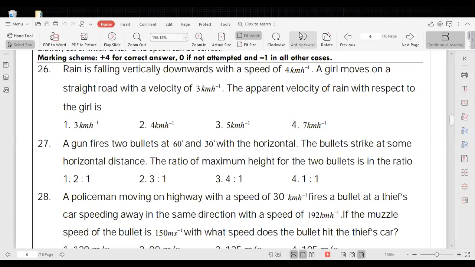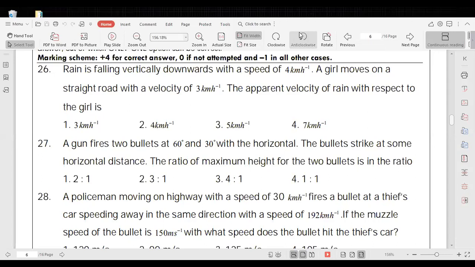Now, velocity of the bullet with respect to man is directly given. It is the velocity of the bullet with respect to gun, but the gun is held by the man and the man is running.